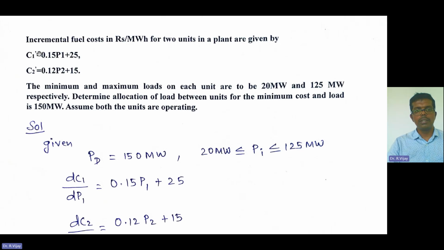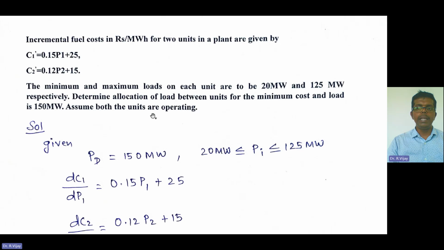If you don't notice this and solve it with the lambda iteration method, you will get a wrong answer. Always check whether the cost function is given as a differentiation or directly. Here differentiation is given.